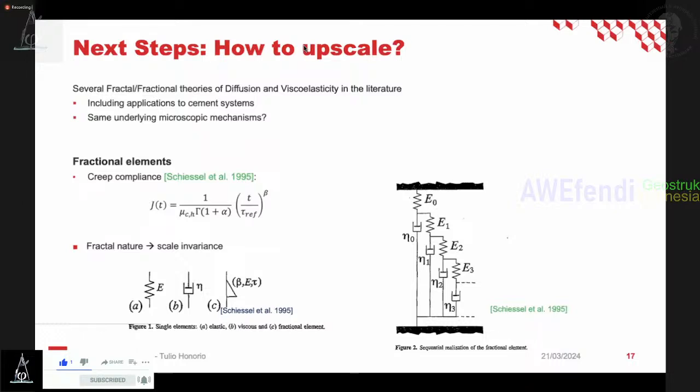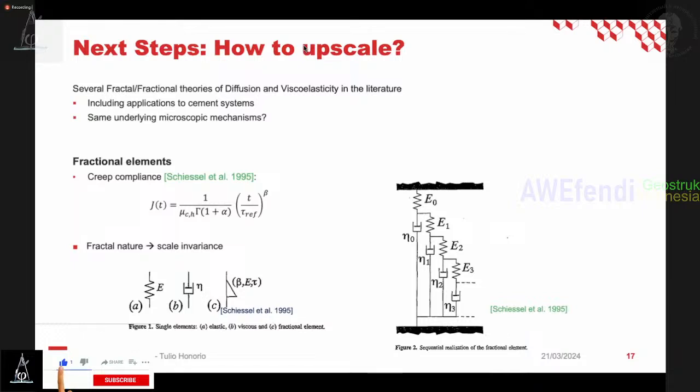So there is already theory proposed for that, and it can be interesting to apply it to what I have presented here. But what I put as next steps is really just an idea in the oven.